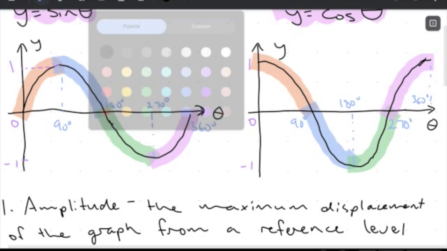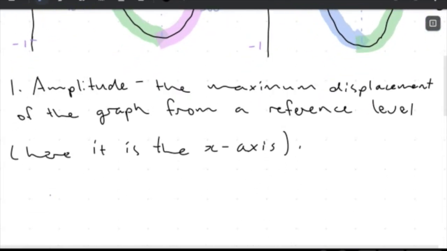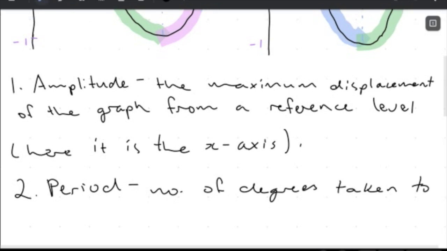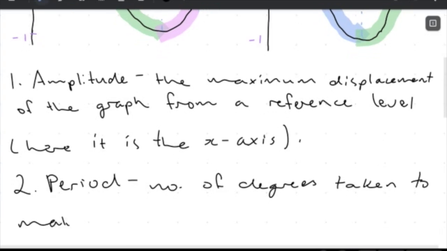Now, second thing here is that all trig graphs have what we call a period. So the period is the number of degrees taken to make one complete cycle.